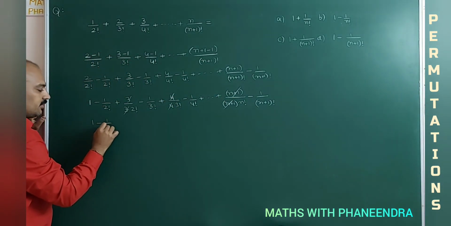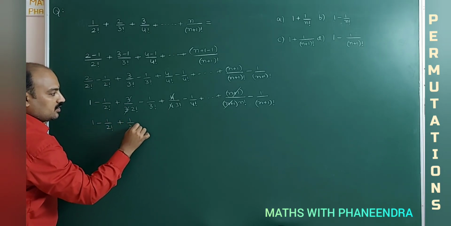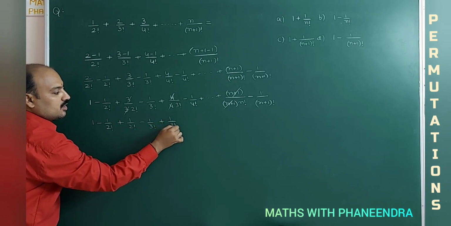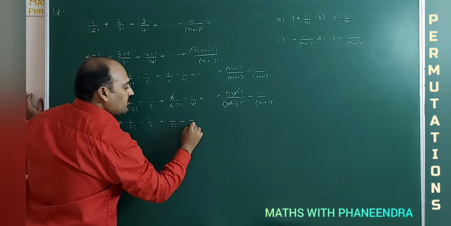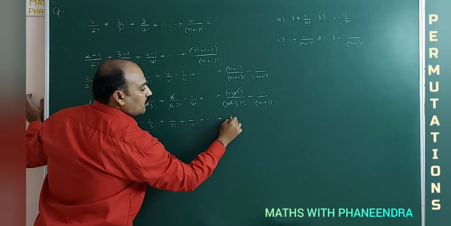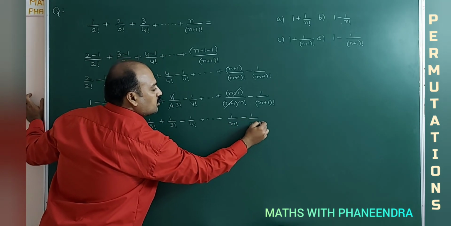1 minus 1 by 2 factorial plus 1 by 2 factorial minus 1 by 3 factorial plus 1 by 3 factorial minus 1 by 4 factorial plus and so on, 1 by n factorial minus 1 by n plus 1 factorial.